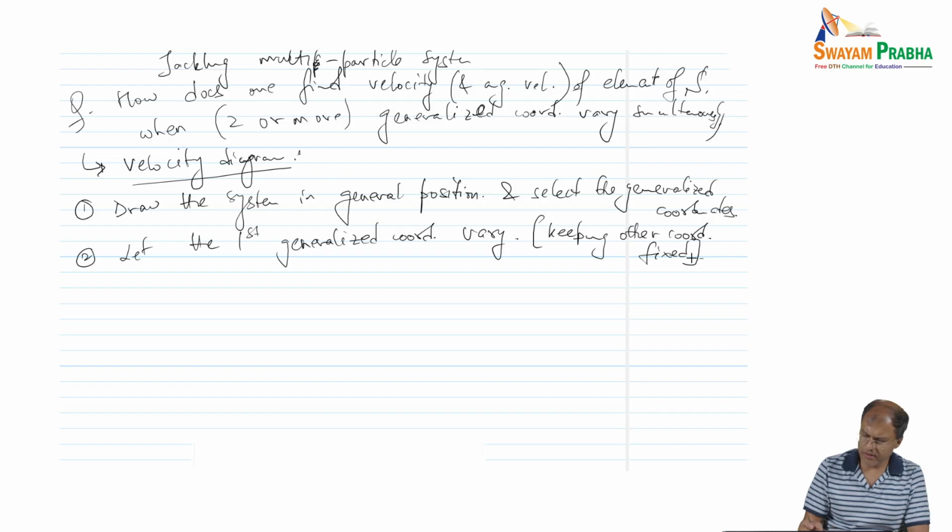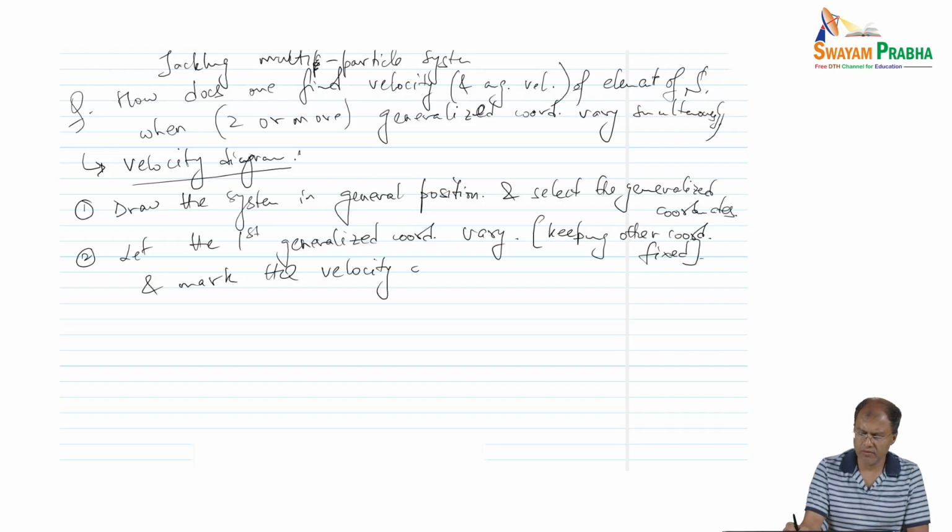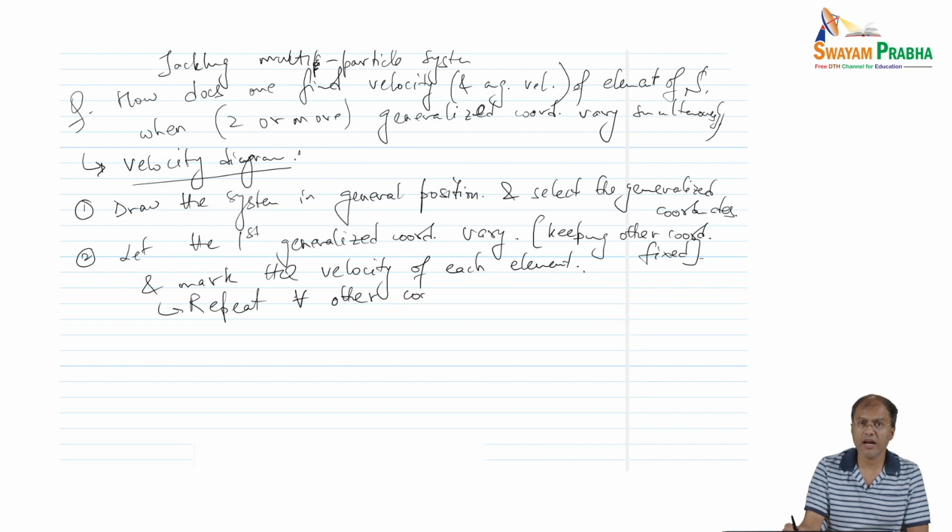So keeping all the other coordinates fixed, mark the velocity of each element, and then repeat for all other generalized coordinates.